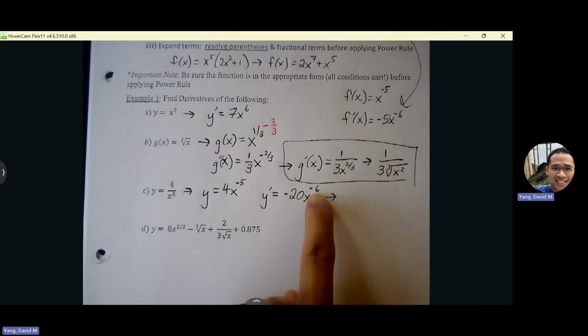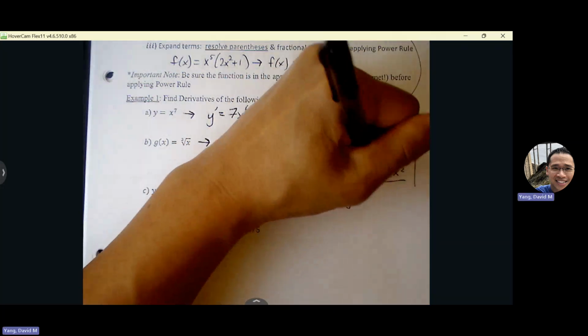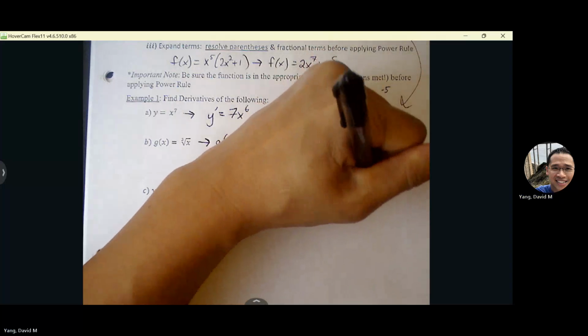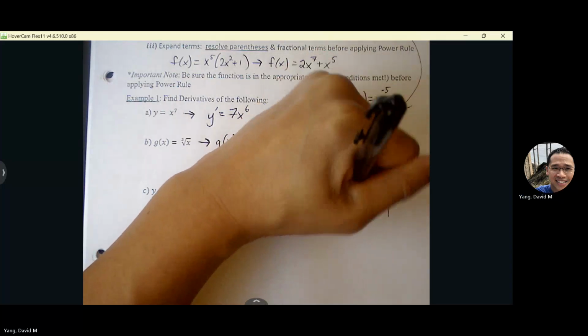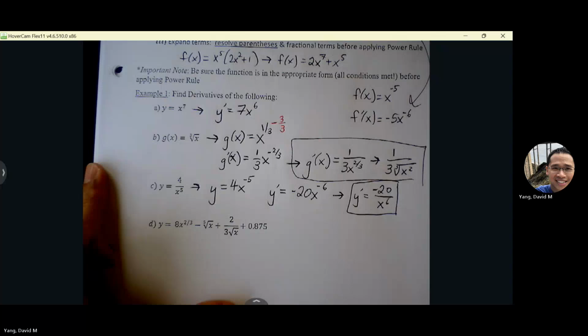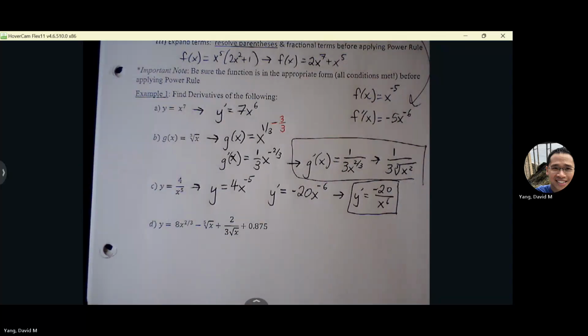So we'll bring that x back down to the denominator and keep the -20 above. Okay, any questions?